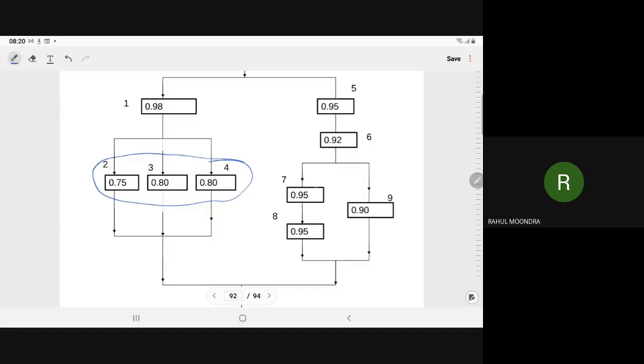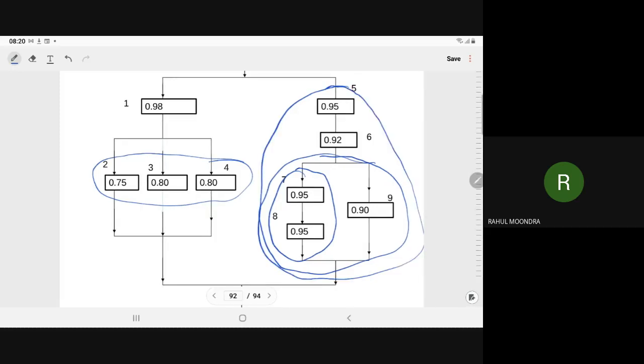Then we have to see the arrangement of this system, and this system, and this system, and then you can compute the reliability of the complete system.